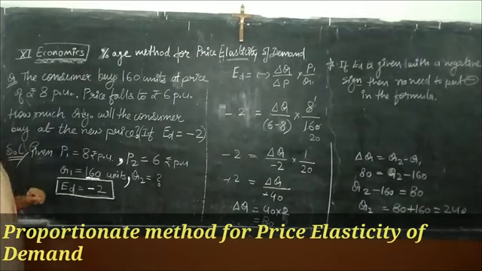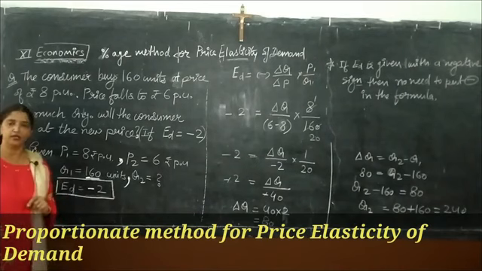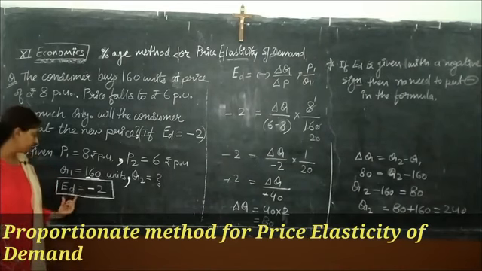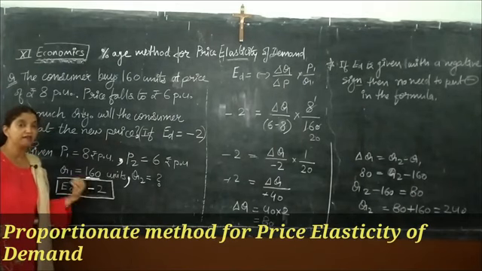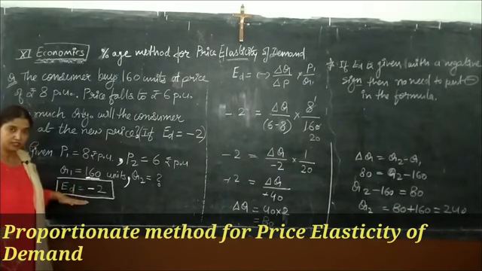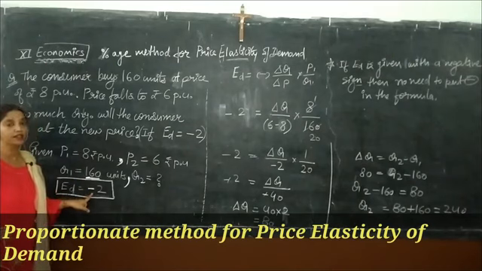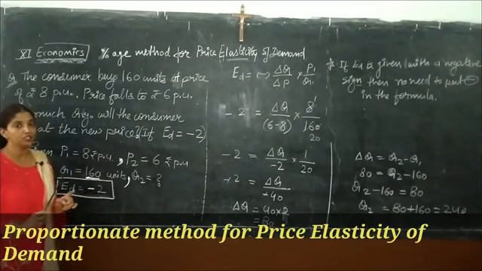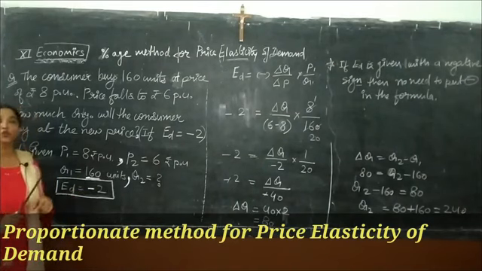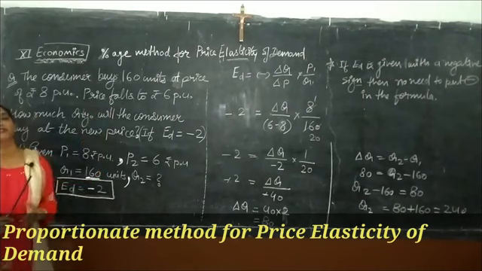Before solving this question, I would like to tell you one thing: if the elasticity given in our question has a negative sign, then when we use the formula, we are not supposed to use the negative sign in our formula.